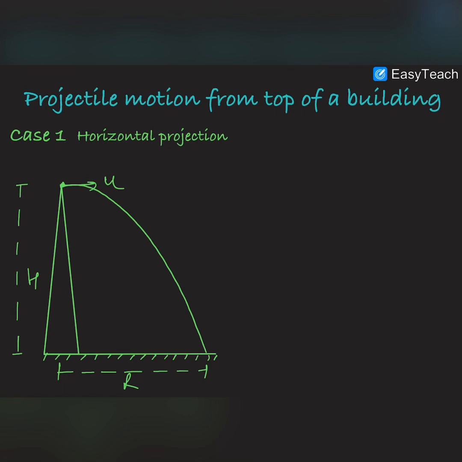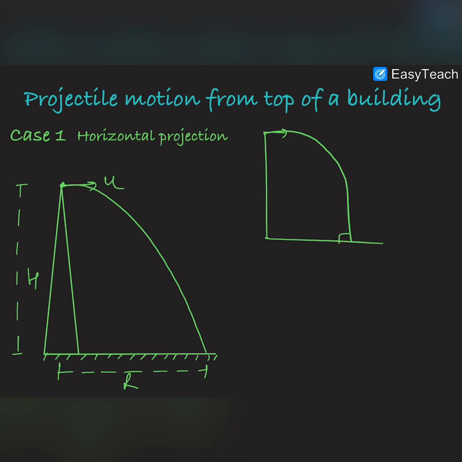First of all, some students are very confused about the trajectory of this projectile motion, which means that they draw this trajectory like that, making the projectile strike the ground at a 90-degree angle.